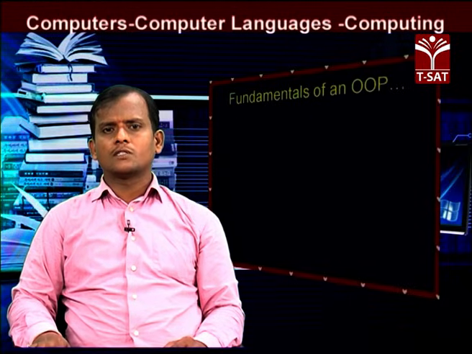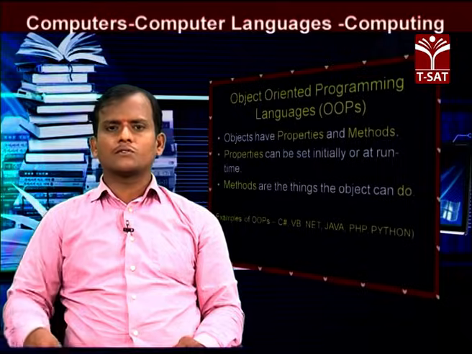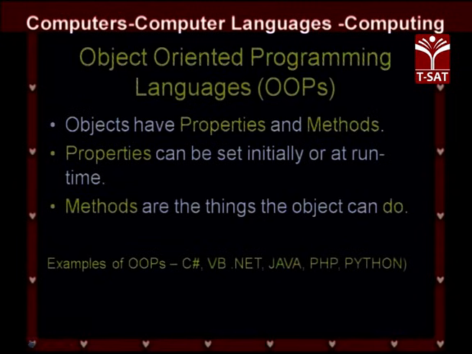So I mentioned properties and methods. Methods are the things an object can do. Suppose someone wants to code a banking application.